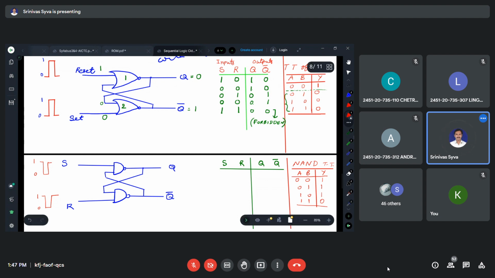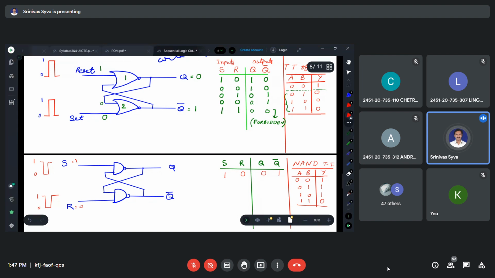See here, SR. It is 1, it is 0. So here it is 1 first, then it is 0. So it will come as 0.